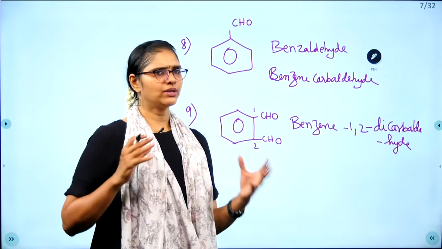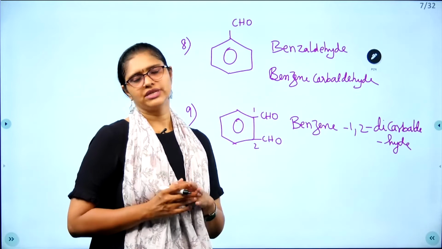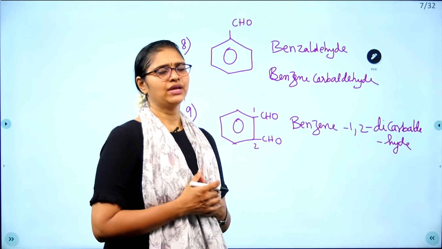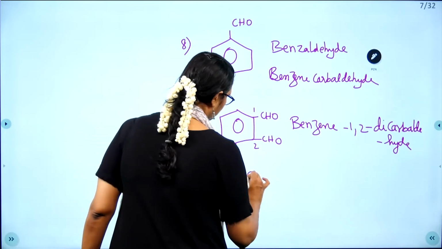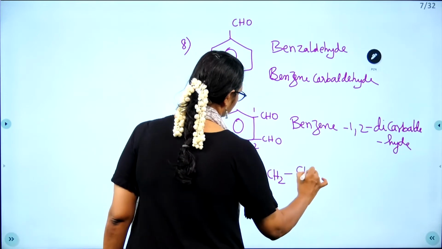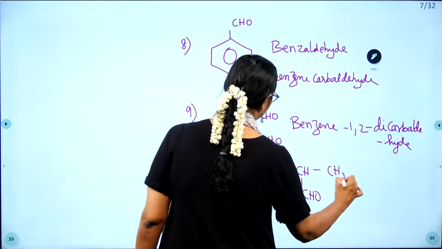Similarly, I have a normal carbon chain, but I have more than 2 CHOs. In that case, I will exclude all the CHOs from numbering and then I will name it, okay. For example, like this. This they asked in JEE exam.